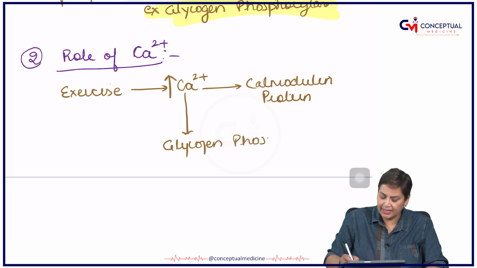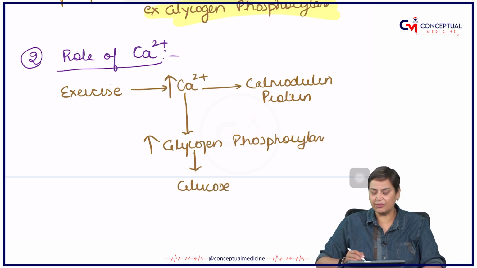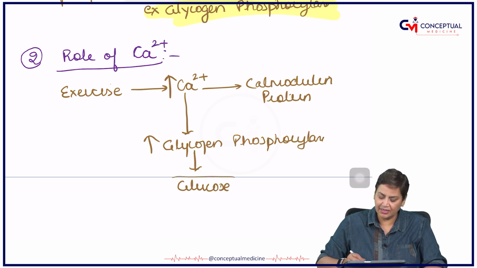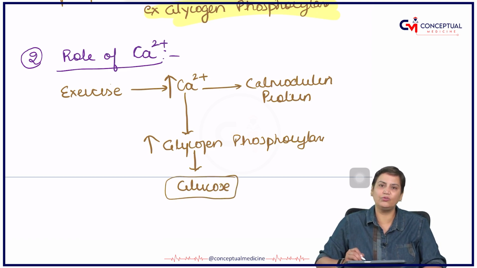If it is making glycogen phosphorylase active, that means it will give energy. And that is exactly what happens. Calcium always accelerates glycogenolysis, thereby leading to the increase in the concentration of glucose. So this is how glycogenolysis and glycogenesis is regulated.